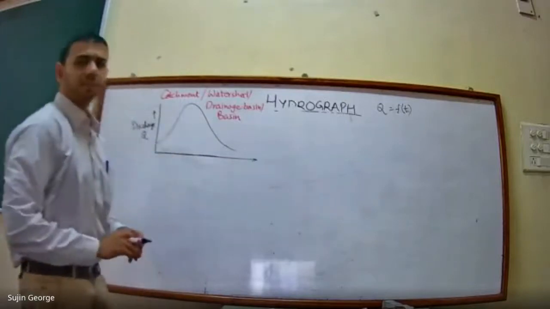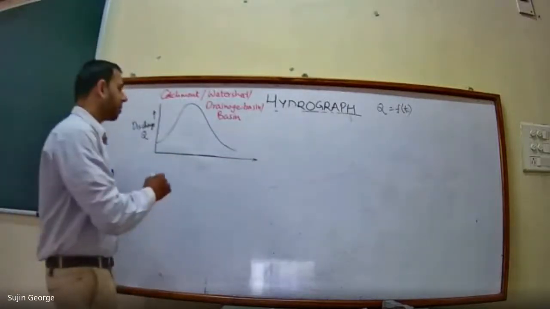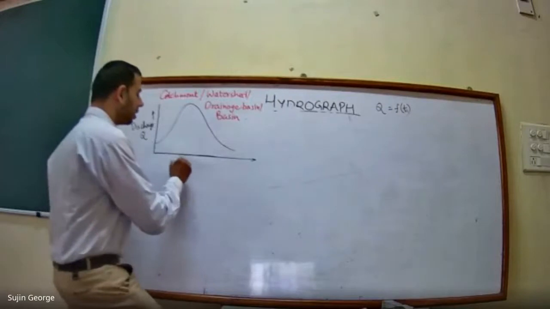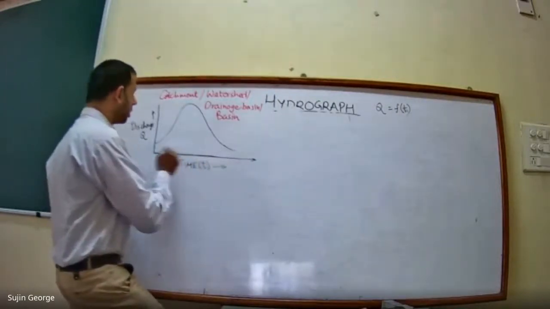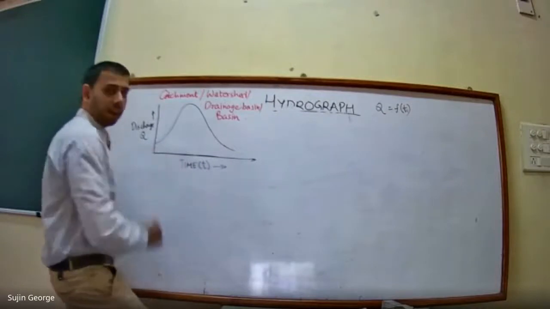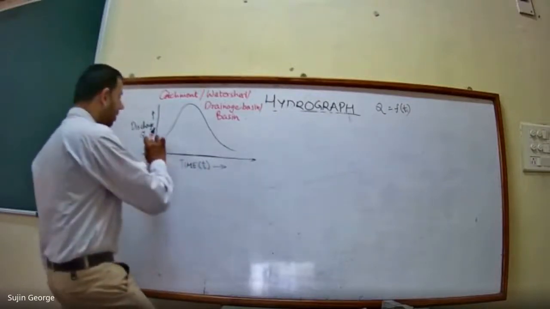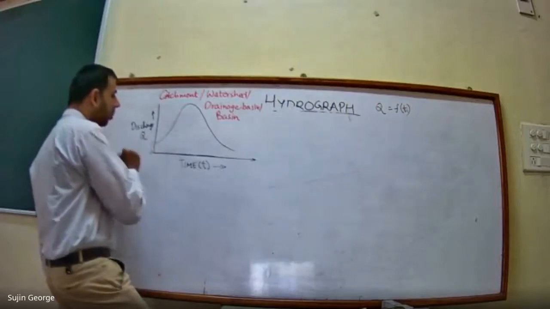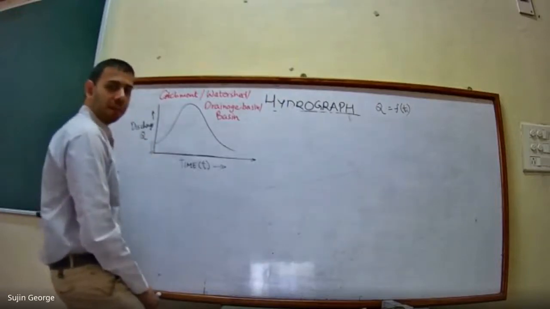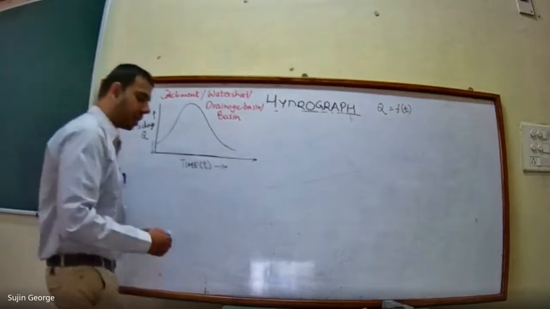Now you can see in this graph, it has not been plotted from the 0th level. It is being plotted from some upper level. I will draw it again.